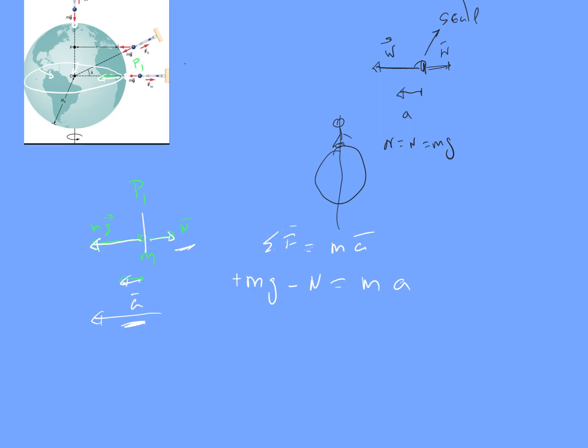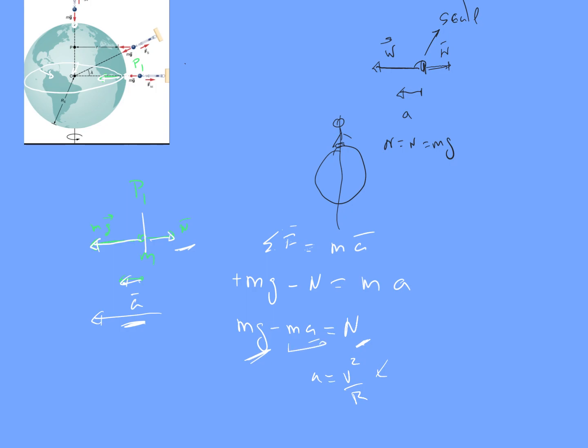So your normal will be mg minus ma. And how much is a? a is v squared, the velocity of the Earth, divided by the radius of the Earth. You have done this problem, so you can see the normal is smaller than the weight by a fraction of ma.